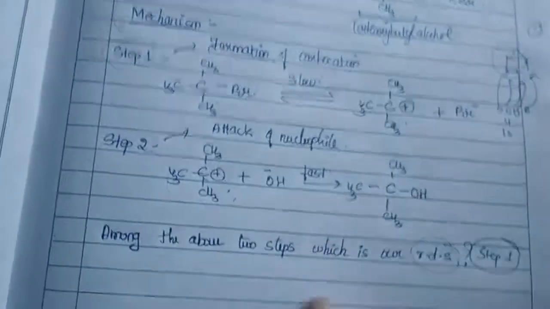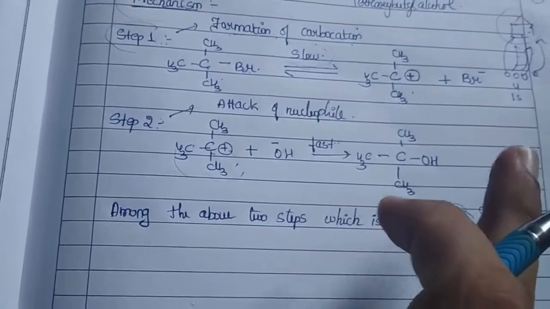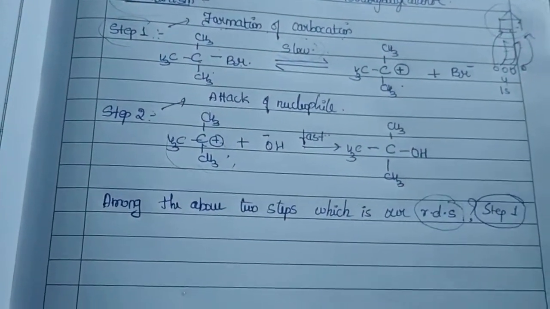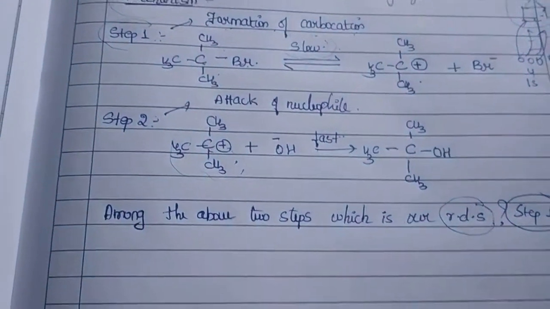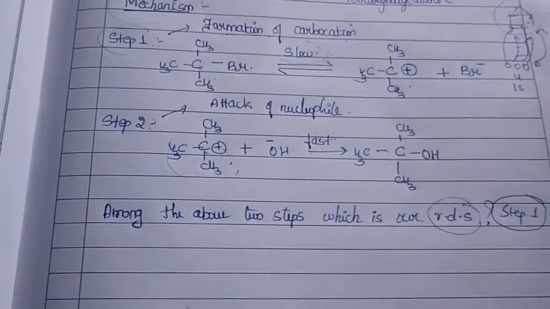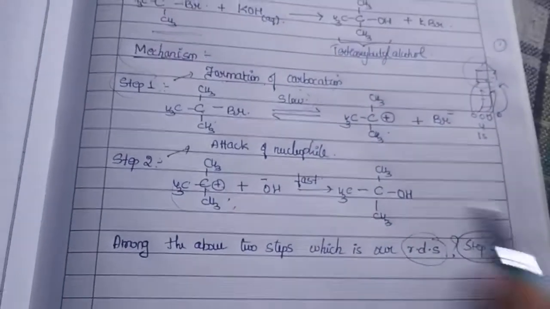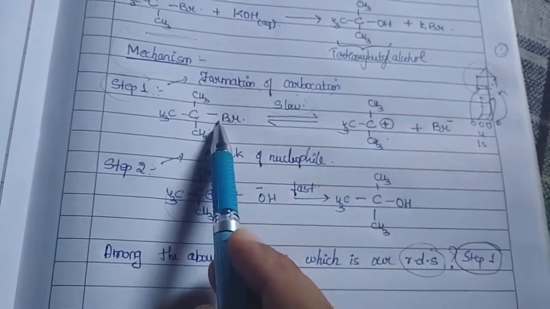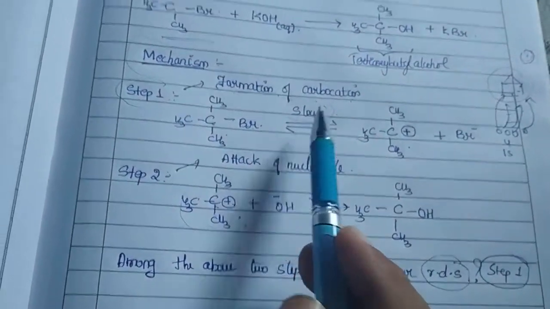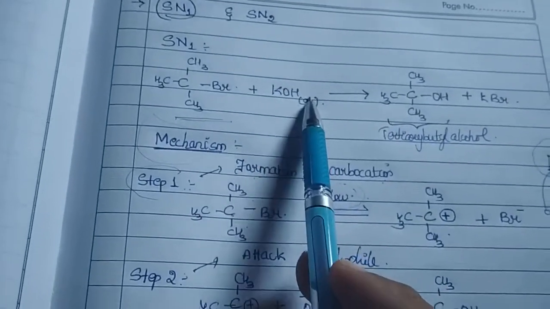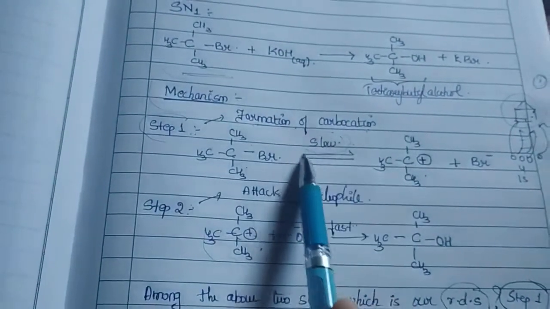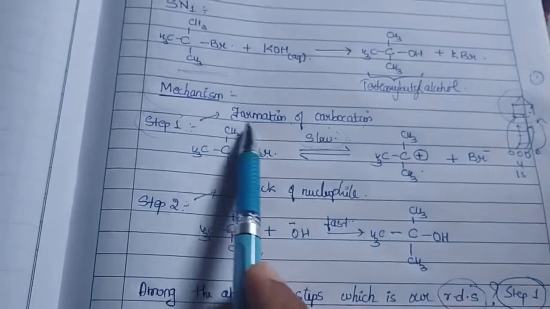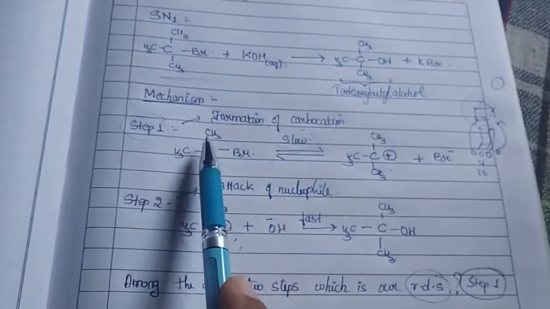So when I write the rate expression, how can I write? I know that rate is directly proportional to the concentration of the reactants present in the rate determining step. In the first reaction I used 2 reactants, but the slowest step is dependent on only 1 reactant.